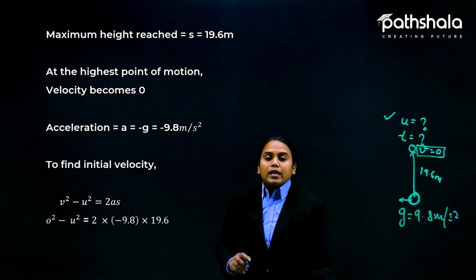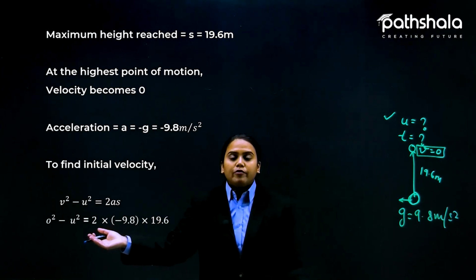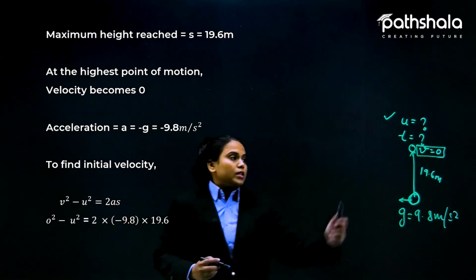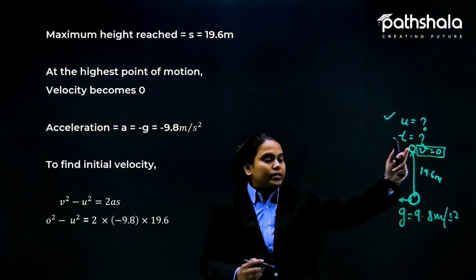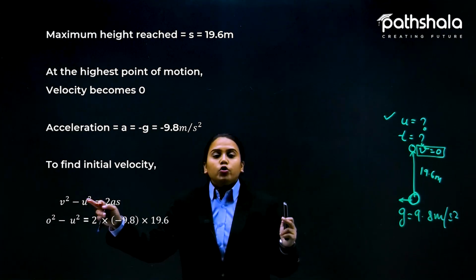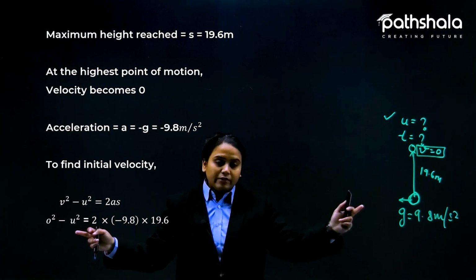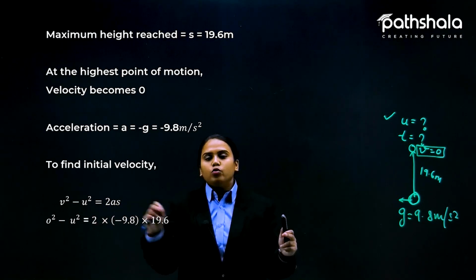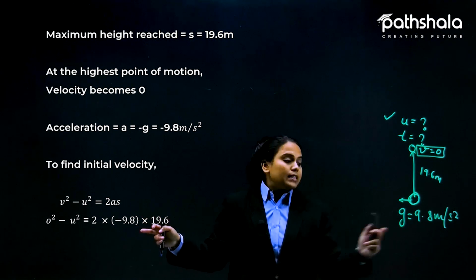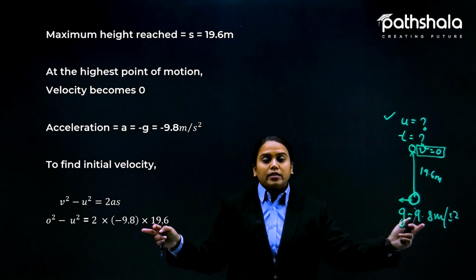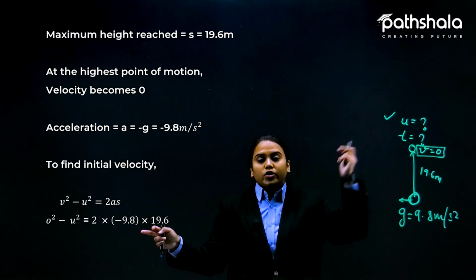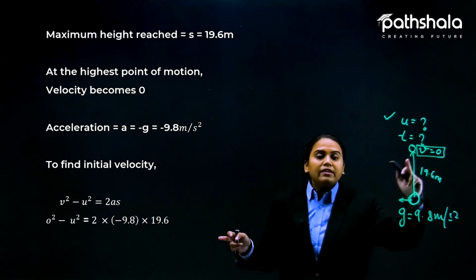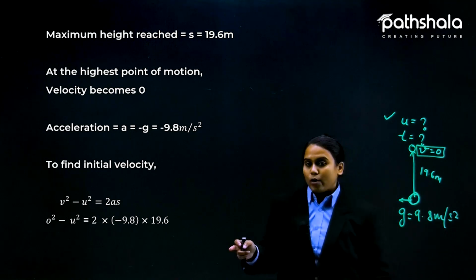This is how we have done it. The value of v is 0, because when the ball reaches the top it becomes 0. u is a certain value that we need to find. 2 is the constant term that we have taken here. a is minus 9.8, because it is moving in the opposite direction to gravity, and s, the maximum height reached by the ball, is 19.6.